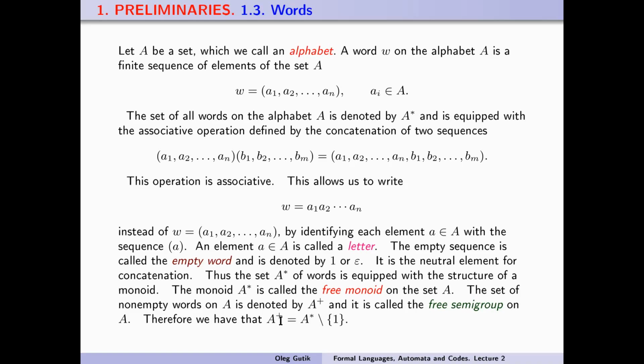So what we have? We have that the free semigroup on A capital is equal to the free monoid on A capital without the empty word, which is denoted here by the usual symbol 1.